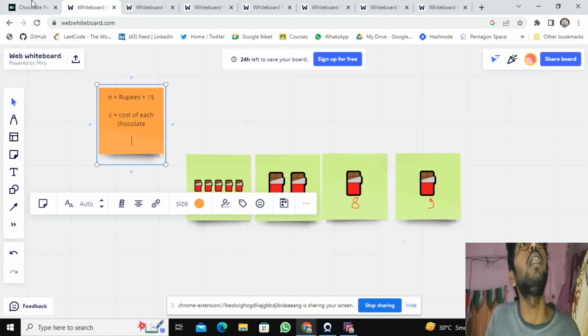Now, what more data is already provided? M is the minimum number of wrappers required to get back one chocolate from the Penny Auntie shop.